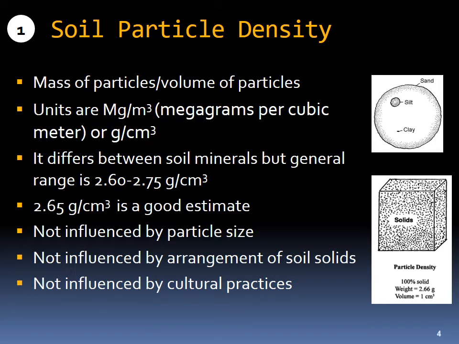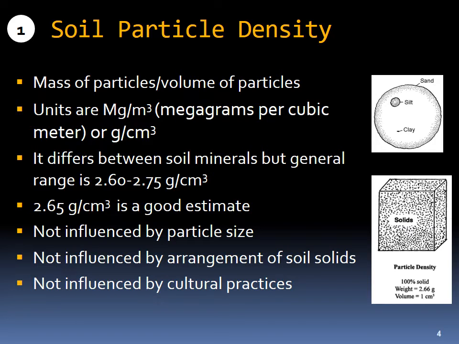That's why the particle density depends on the chemical properties of the mineral, but it is not influenced by the particle size. Regardless of the size, when you put them all together to form that particular volume, then it is the same value. And it is also not influenced by the arrangement of the solid particles.